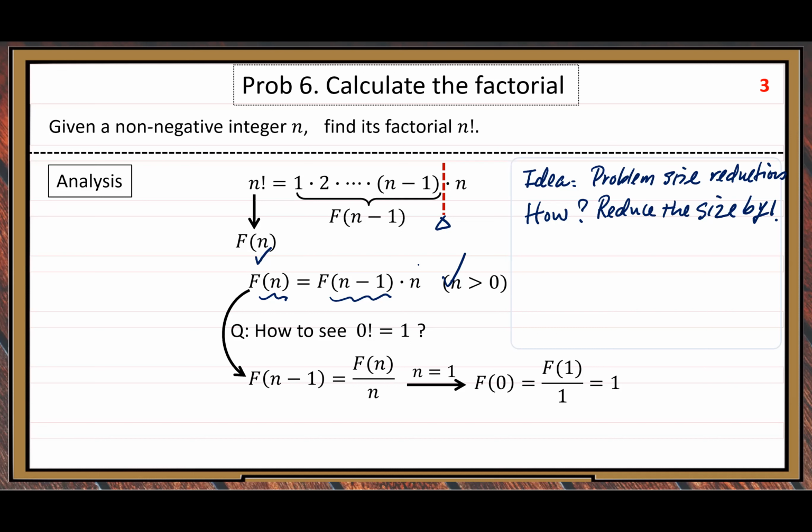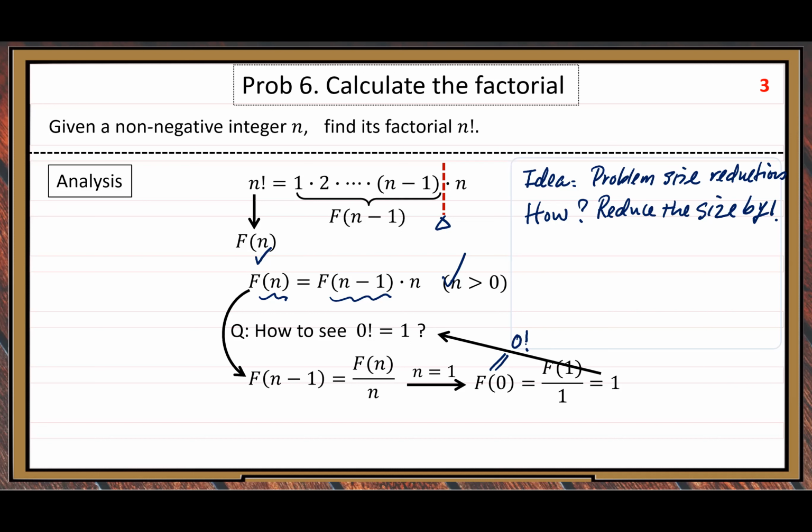So F of 0, which corresponds to 0 factorial based on our definition with a little extension, equals 1.